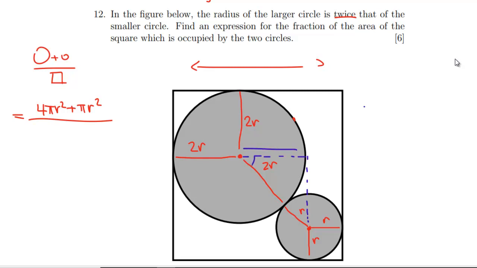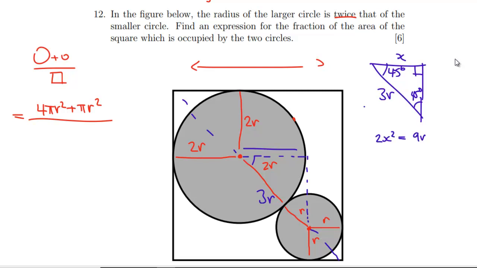Well, that must be 45 degrees because we've got symmetry here, going through the diagonal. We've got a 3r hypotenuse. So we've got a right-angled triangle, 45 degrees on each one, with 3r there. So we've got this x, so 2x squared is equal to 9r squared. So x is going to be equal to the square root of 9r squared over 2.